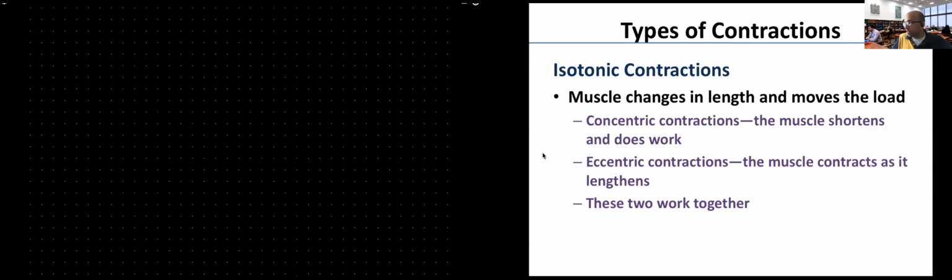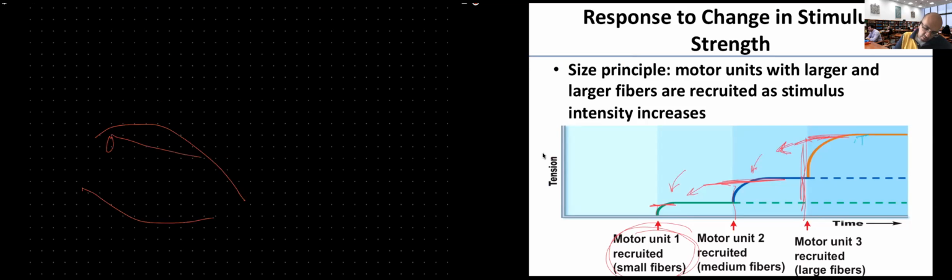So if I have a muscle, let's say in here, it has one large, one medium, and one small muscle fiber. And I've recruited the small one. This is the amount of tension I'm creating.